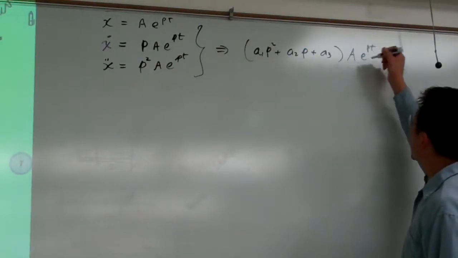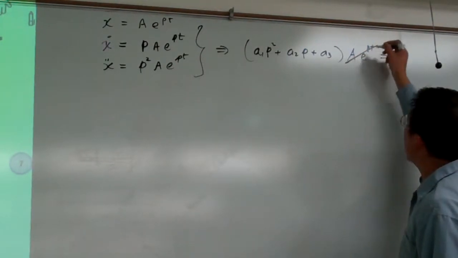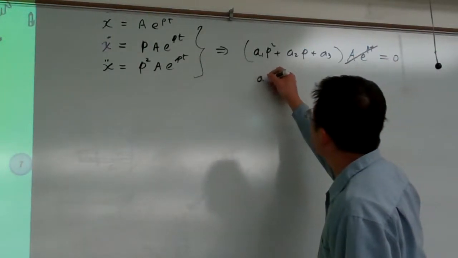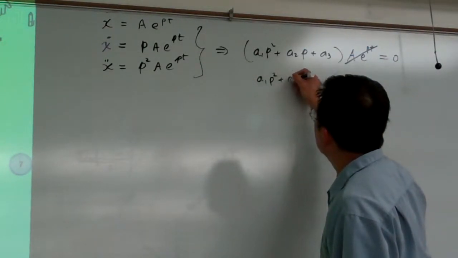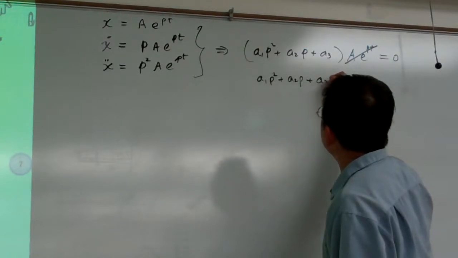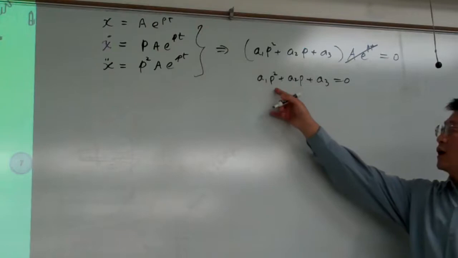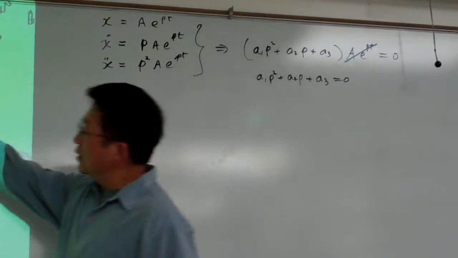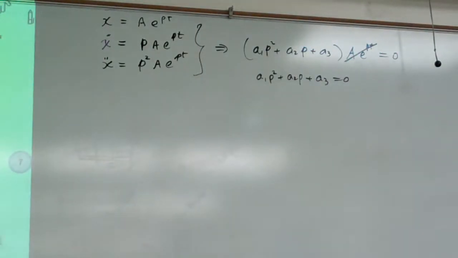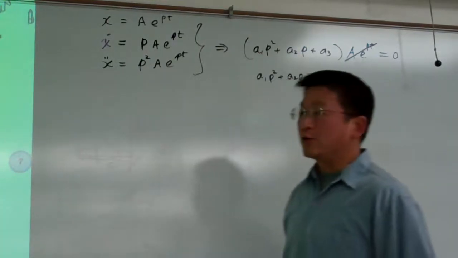From this, we simply divide out A e^(Pt). So you obtain A1 P squared plus A2 P plus A3 equals 0. P is the parameter here.